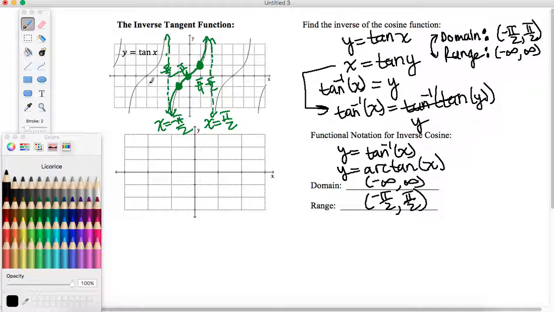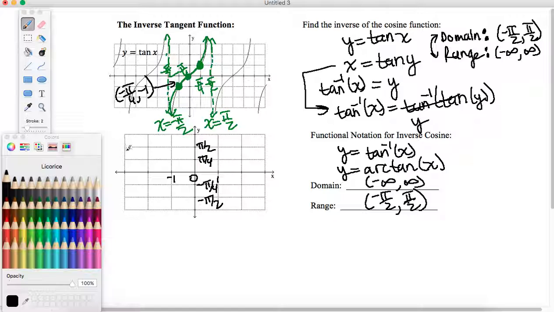This point right here, I'm going to write it as negative pi over 4, negative 1. My x and y axes are going to be notated in the opposite fashion. My angles are going to be on my y-axis, and my actual trig ratios are going to be on my x-axis. So that's why I have negative 1, 0, and 1 on the x-axis, and on the y-axis, negative pi over 4, negative pi over 2, pi over 4, and pi over 2.